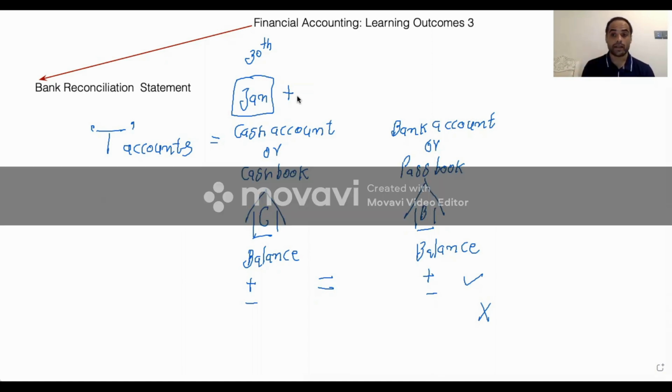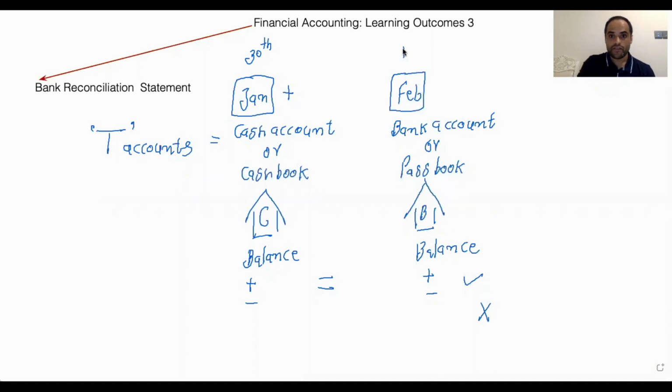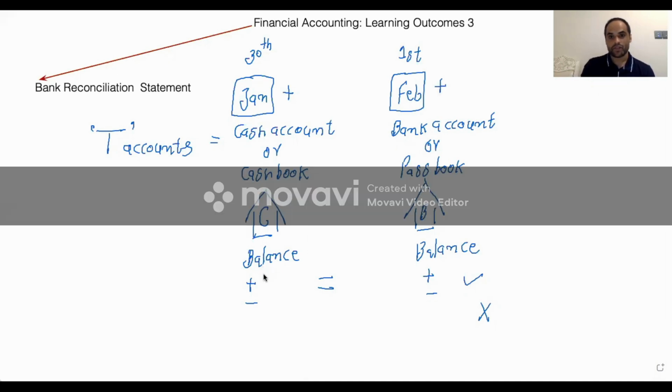Now Monday the bank opens. Monday is February, let's say 1st of February. So on Monday, the bank increases your bank account by this money. So what does it mean? In January, according to your cash account, let's say you have $100.